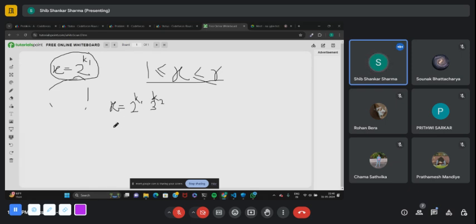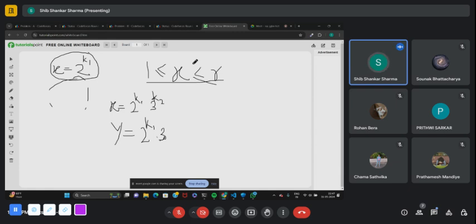Let's say we have y equals 2 to the power k1, and if we had multiplied 2 here, we would have gotten some value, right? But instead of 2, if we multiply 3 or some other number, 4, 5 or anything, then if we multiply 3 to 2 to the power k1, that will give us a value greater than 2 to the power k1 into 2, right?